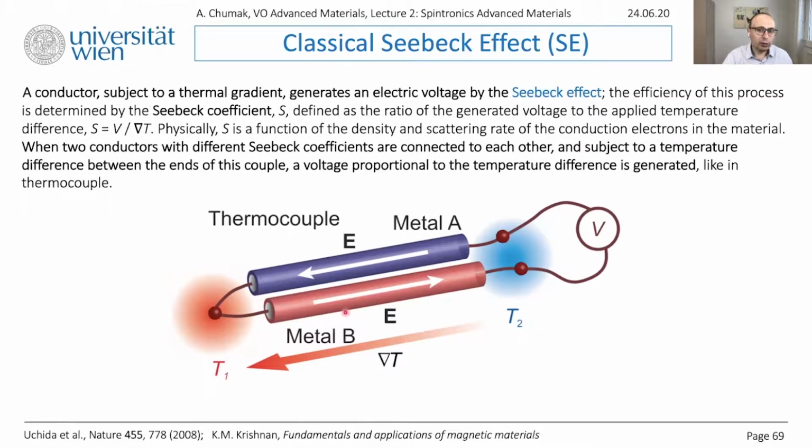Or, if you want to measure absolute temperatures, you just need a reference point at one of the junctions. For example, you can put it in water with ice, then you will always have 0 Celsius there, and then you can measure the temperature at the other point relatively precisely. This is named a thermocouple, and thermocouples are nowadays used for measuring temperature.